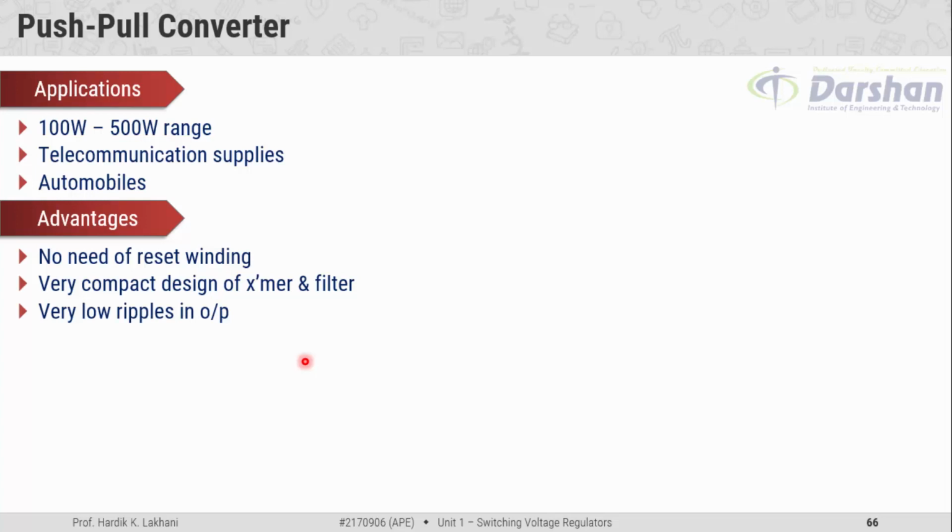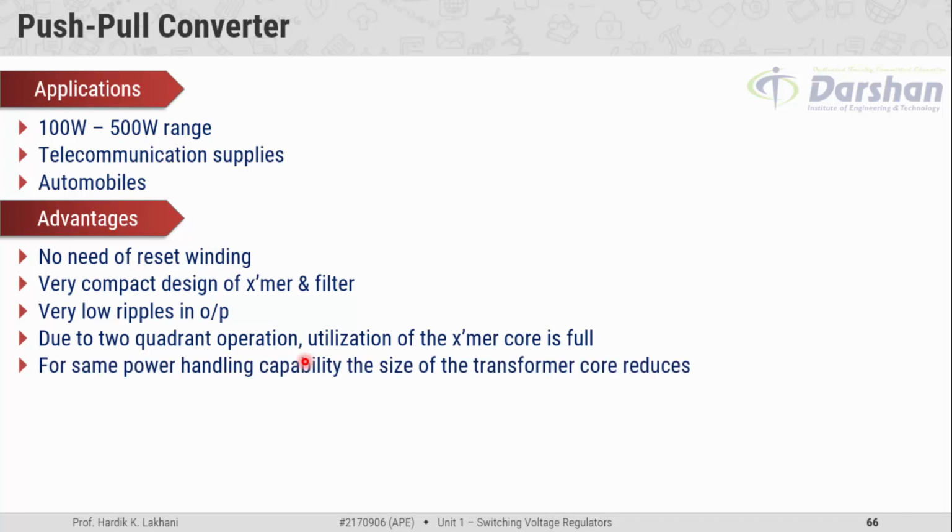Very low ripples in output, and because of that the design of the filter becomes easy. Due to two quadrant operation, the utilization of the transformer core is full. For the same power handling capability, the size of the transformer core reduces.